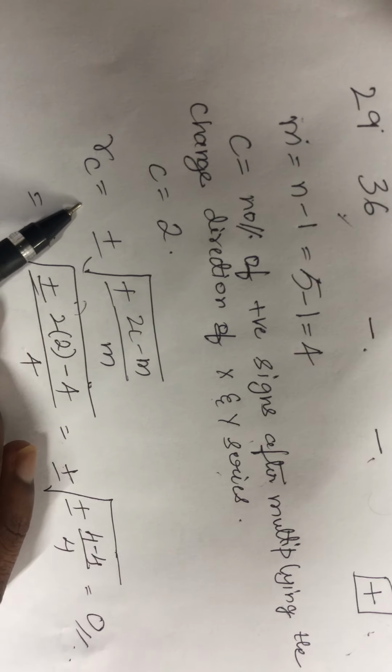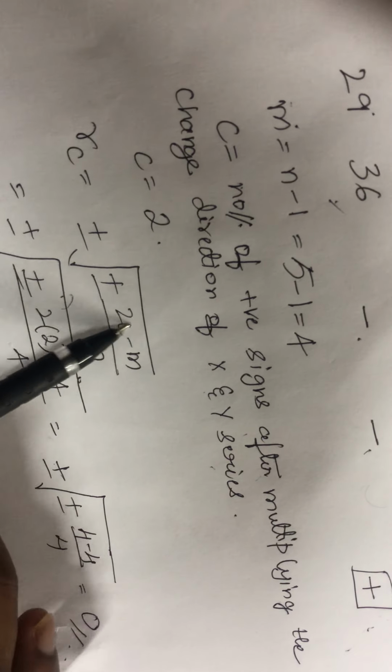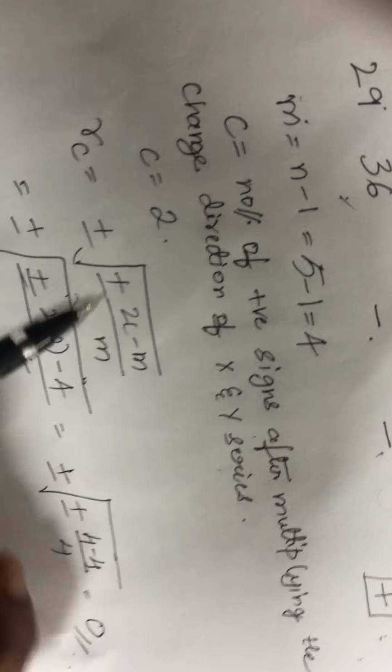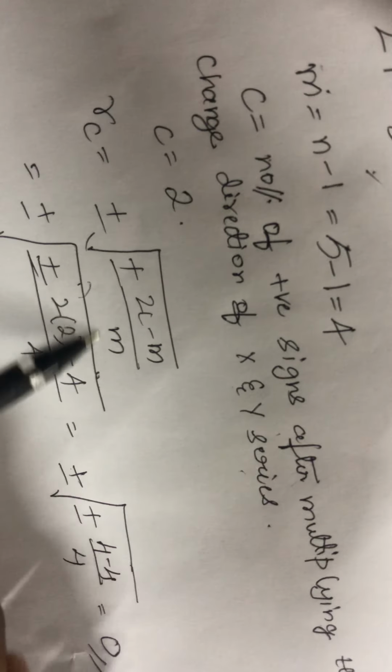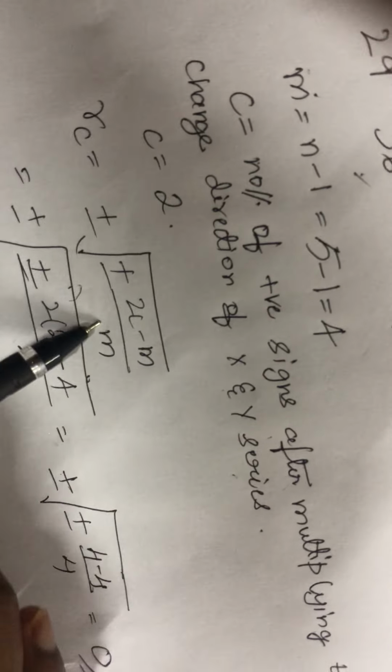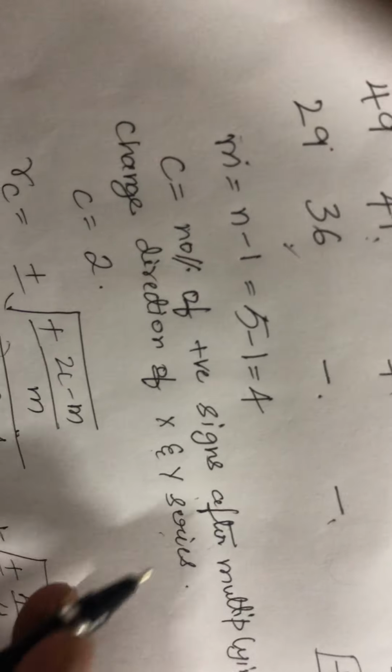Let me calculate RXY. RXY is plus or minus square root of plus or minus (2c minus m) by m. Now why plus or minus? When you solve the inside factor, if it is a negative number, take the outer sign as negative only. Let me give an example.